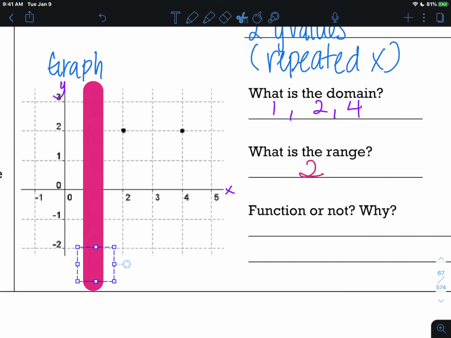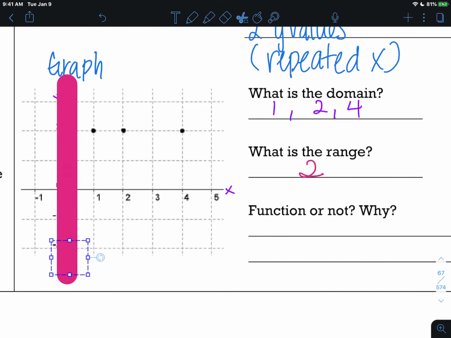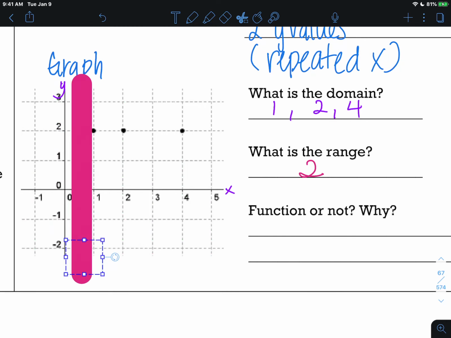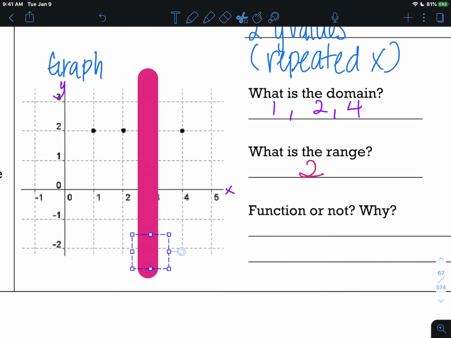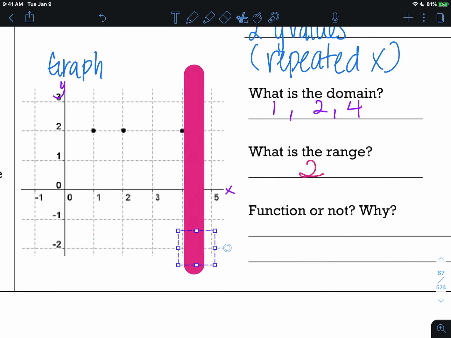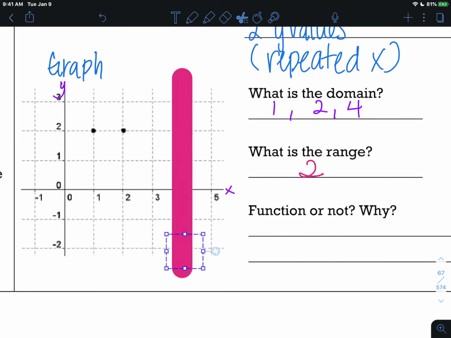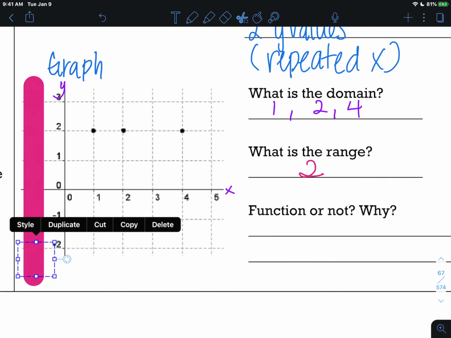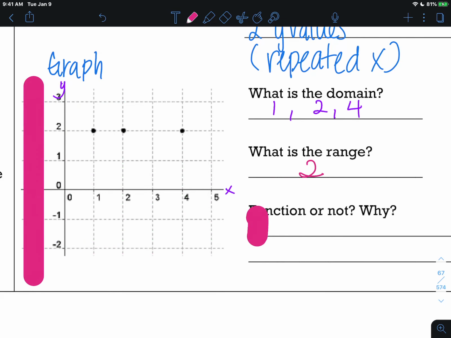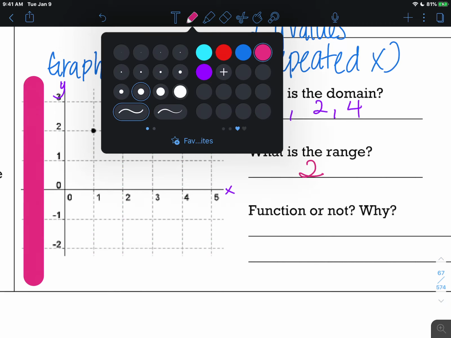Okay, so what I like to do is, if you imagine this gigantic pink line here is your pencil, pen, whatever you're writing with, and you take it and run it across the graph. If at any point it touches more than one point going this way on the graph at the same time, it's not a function. So I see that it's never going to touch 2 points at one time. So this is definitely a function.